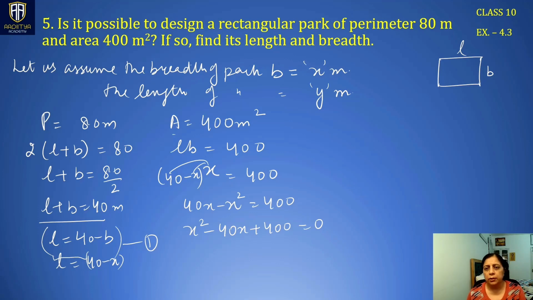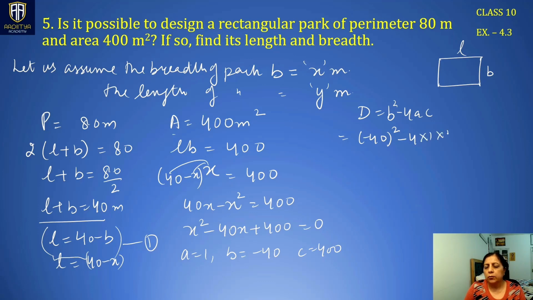Now again we have to check whether it is possible to design such a park or not. That means we have to check for the roots. Here A is 1, B is minus 40 and C is 400, right? The value of D is B square minus 4AC. So we have minus 40 square minus 4 into 1 into 400.